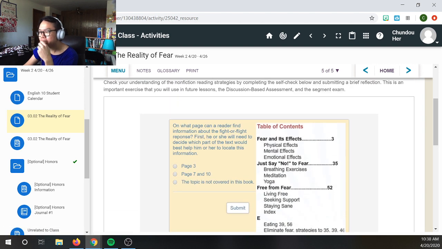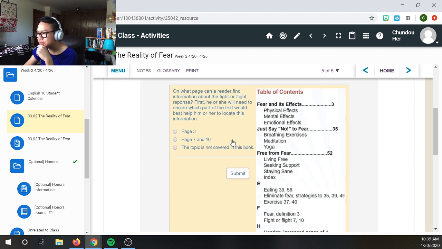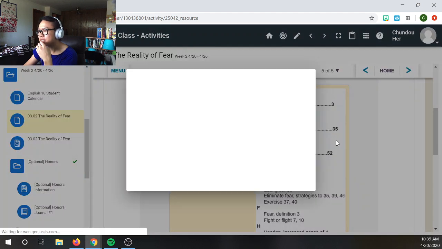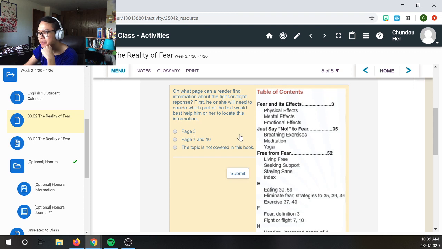This one says, on what page can a reader find information about the fight or flight response? First, he or she will need to decide what part of the text should best help him or her to locate this information. So, the fight or flight response.